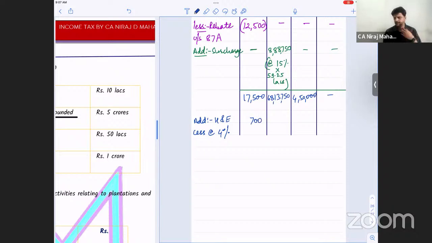Okay, you calculate, obviously. I mean, you should be ahead. Very good, Indrajit. Yes, you should be ahead of me, not behind. Correct. 68,13,750 into 4%. 272,550. This I think 18,000. This is still coming to obviously nil.